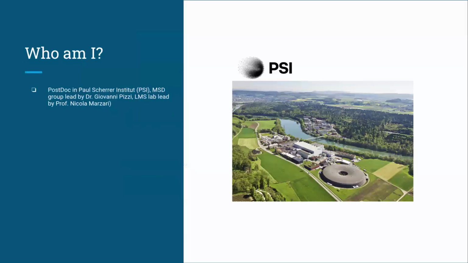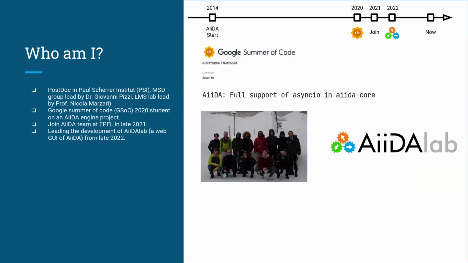So first of all, who am I? I'm a postdoc from the Paul Scherrer Institute in Switzerland. I'm from the group led by Dr. Giovanni Pizzi, in the lab led by Professor Nicola Marzari. My journey with AiiDA started around 2020.